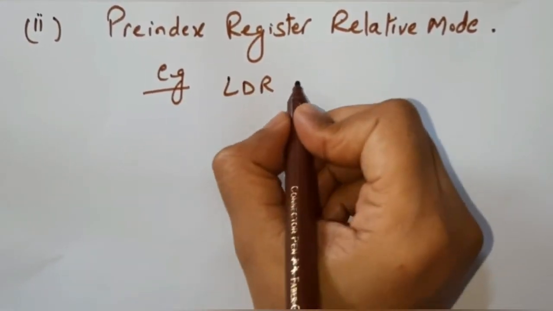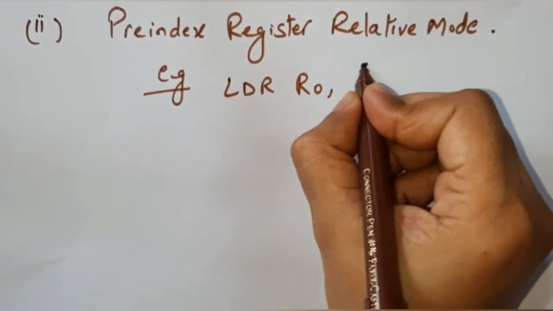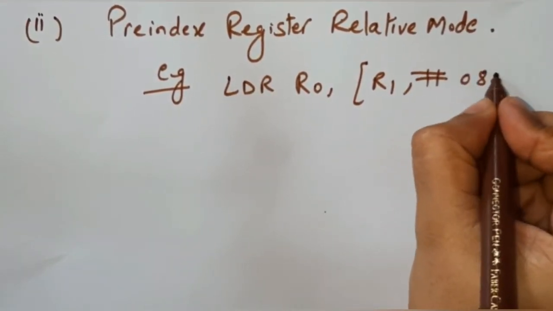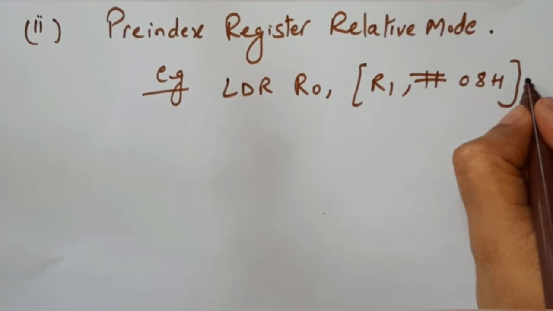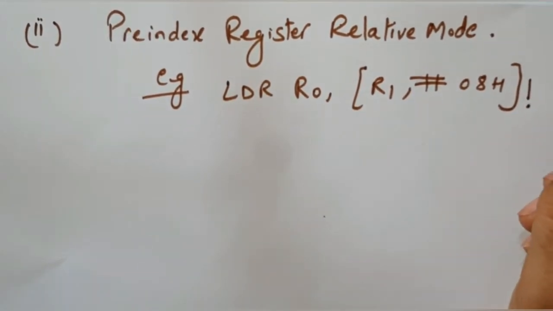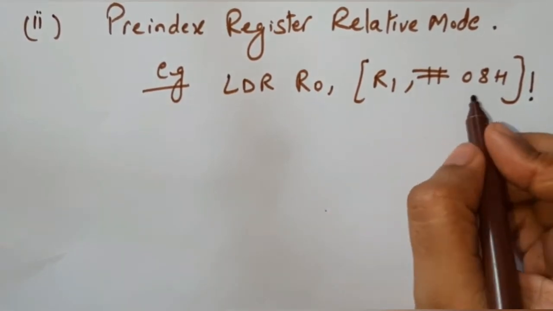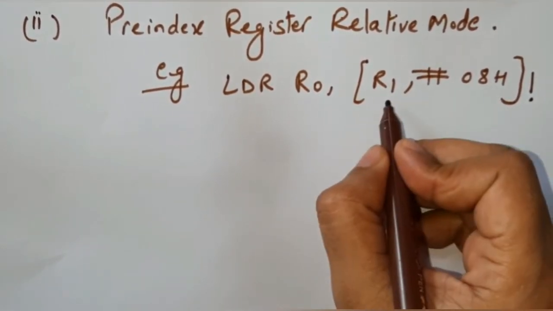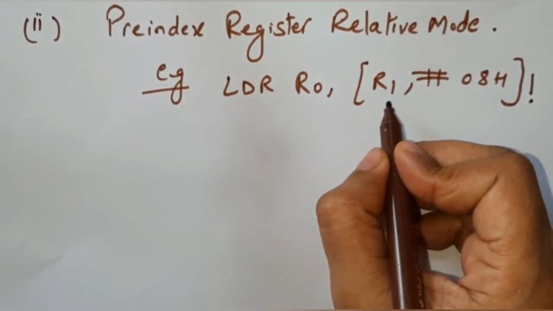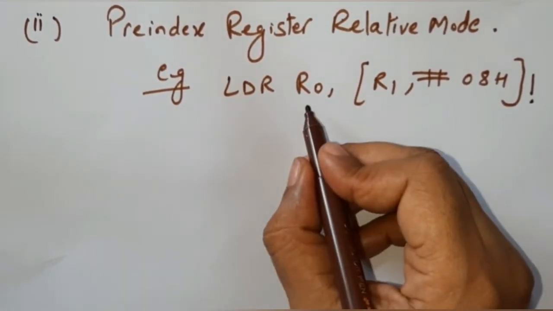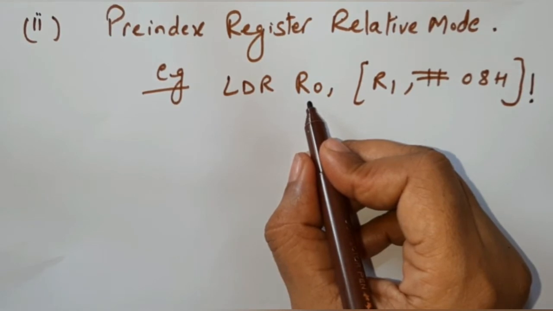Example we take LDR. Same example we are taking as before, but in this case we are using this exclamation sign. So this means the value 08 will be added to the memory location in R1 and the content of this resultant location will be loaded to the register R0.